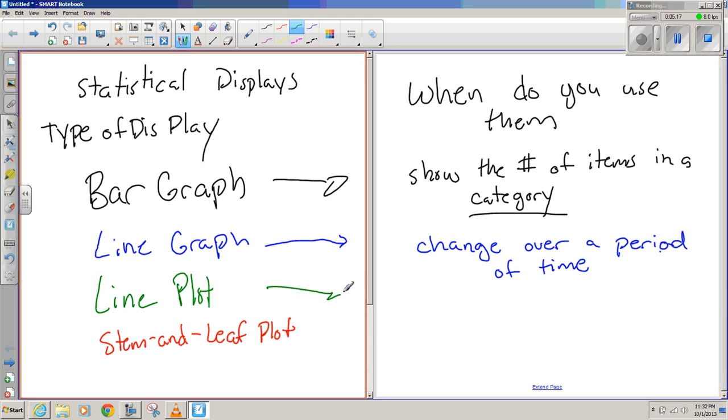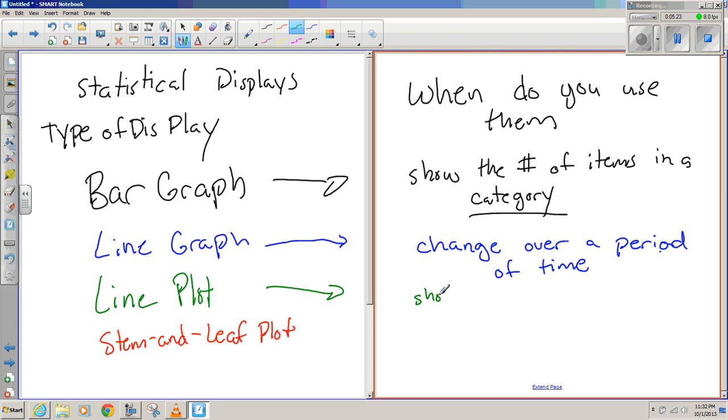A line plot you're going to use to show how many times a number occurs.